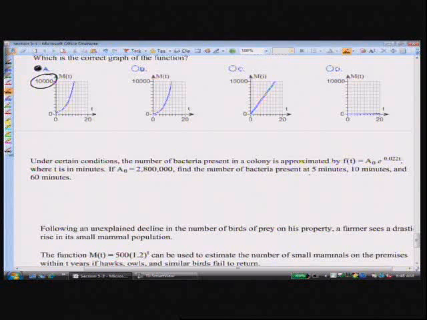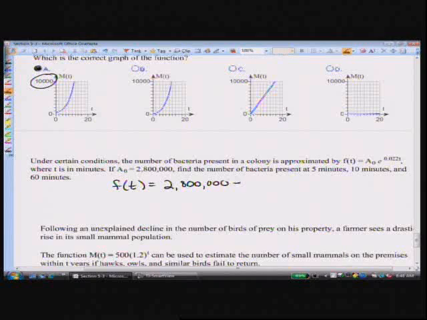Okay, so what you can do on this one is you can actually use your calculator to help you. F of t is equal to 2,800,000 times e to the 0.022t. So what I would do, since there's 5, 10, and 60 minutes, since there's 3 that I have to do, I think I'd use my table to help me get this.